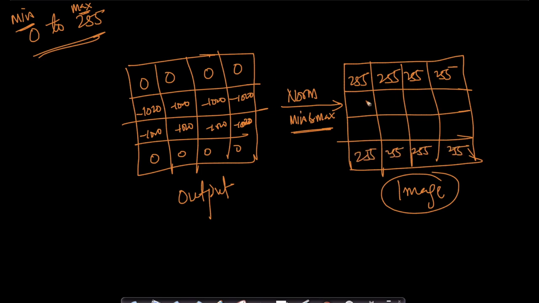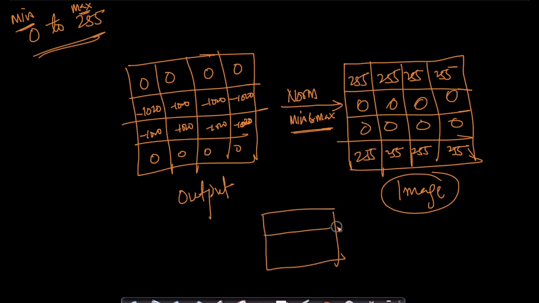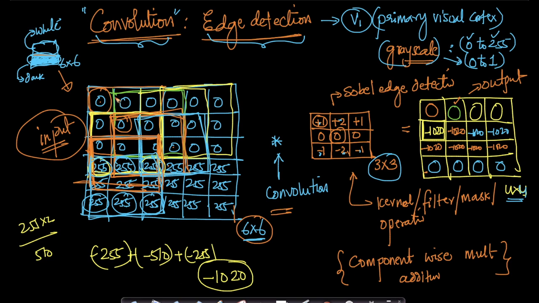And the minimum value should be 0. And the minimum value is here. So what do you get? The output image that you get here, if I have to draw it as an image, you will get bright areas in the center, 2 bright lines in the center, and everything above that will be dark. Because remember, what did we say? We said 255 are dark areas and zeros are light areas.